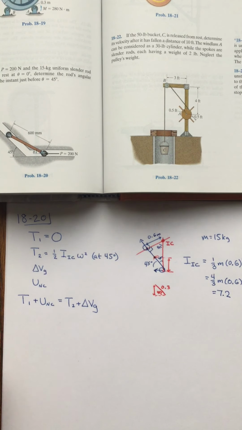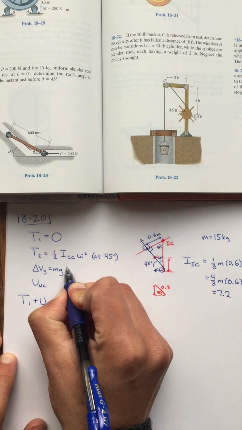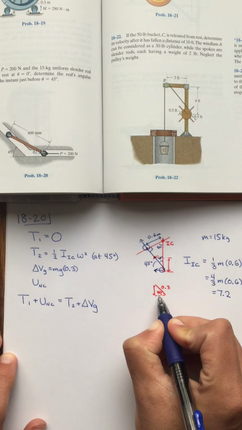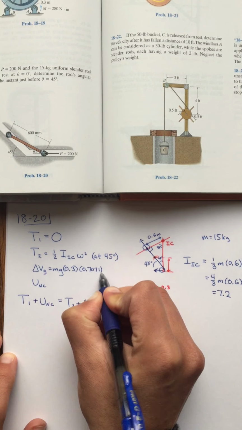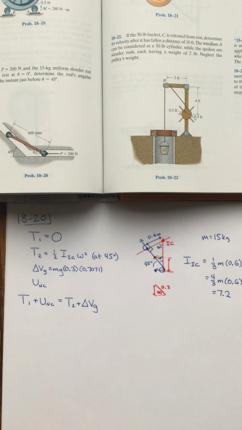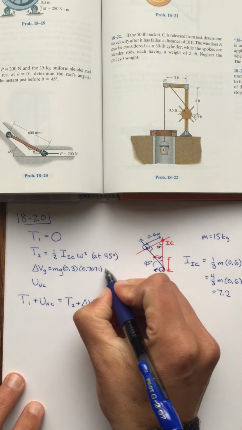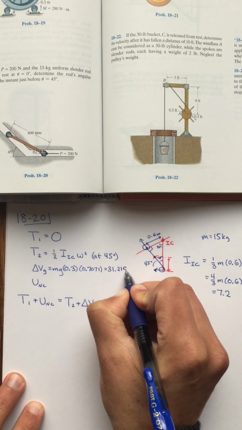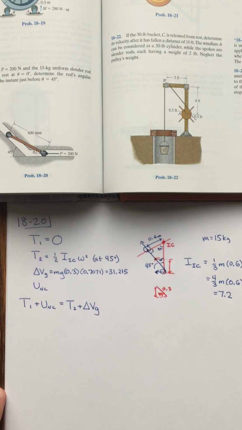So for the change in gravitational potential energy, we have m times g times 0.3 times sine of 45 degrees, which is 0.7071. And the mass is 15, g is 9.81, so this is 31.215.